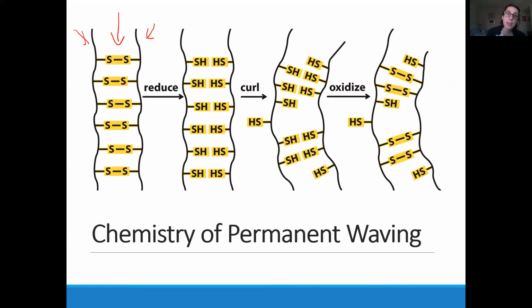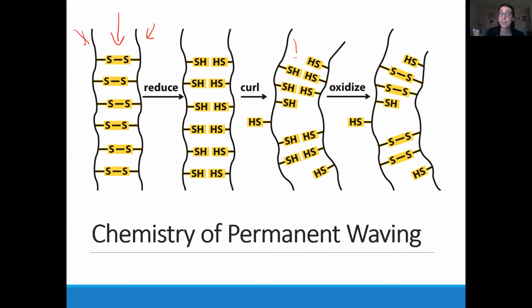Now, if you break these disulfide bonds, and we do this through chemistry, we can reduce the bond. If we put it in a reducing environment, that's the chemical that they essentially put in your hair if you were to get a perm to help get your hair wavy. So if you were to reduce the disulfide bonds, they will break, and you don't have as rigid of structure between these alpha helixes, which causes them to kind of mismatch.